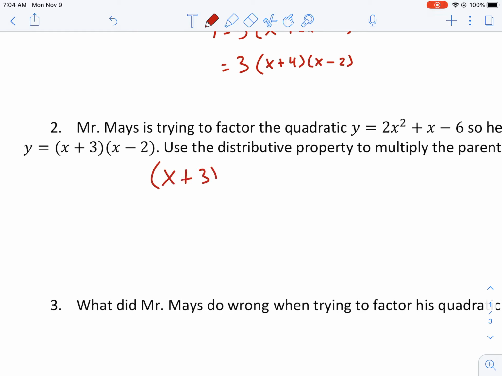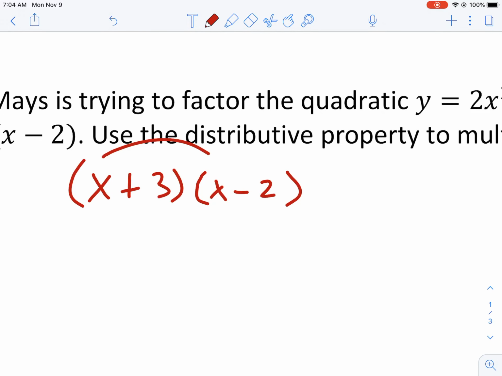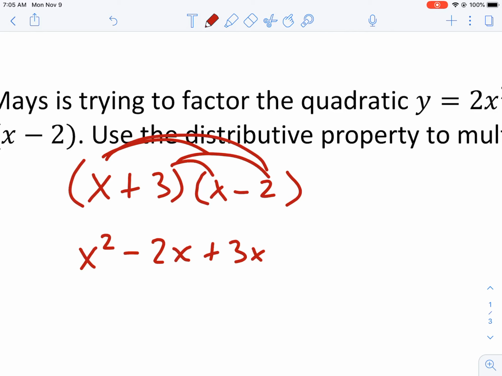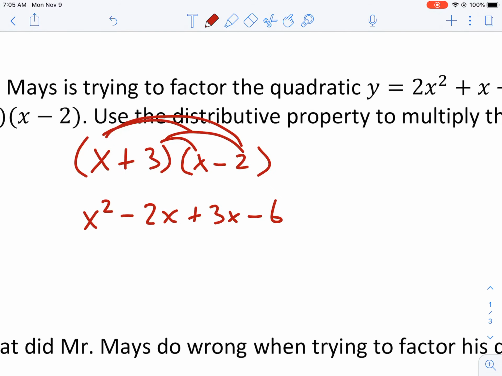We went over the distributive property last week. You multiply here, that's x squared. Multiply here, that's minus 2x. Multiply here, that's plus 3x. Multiply here, that's minus 6. We add those together, we get x squared plus x minus 6.